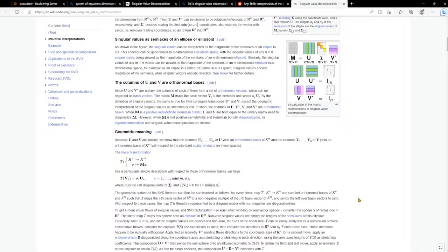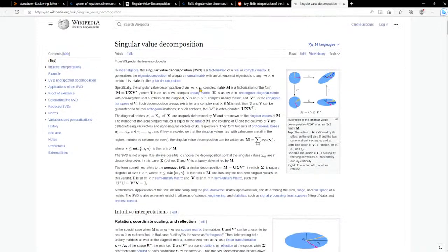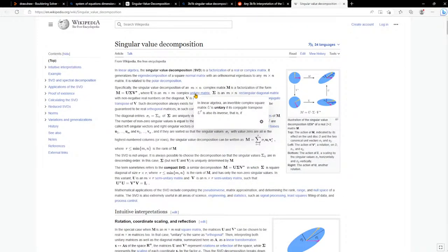What the fuck is a unitary matrix? Like, God.